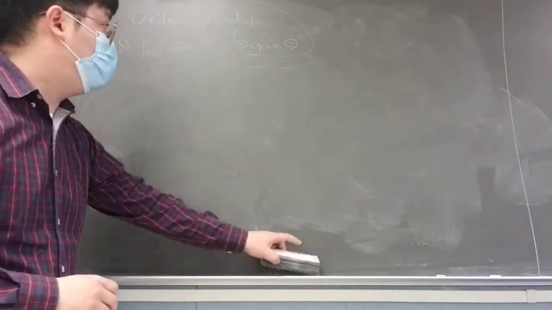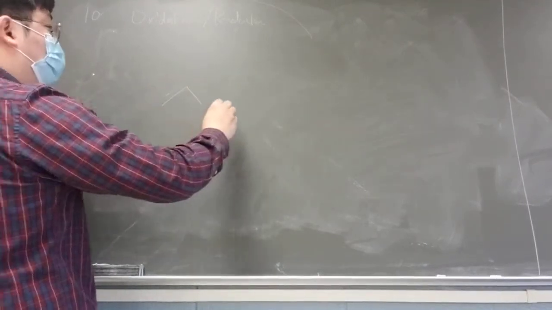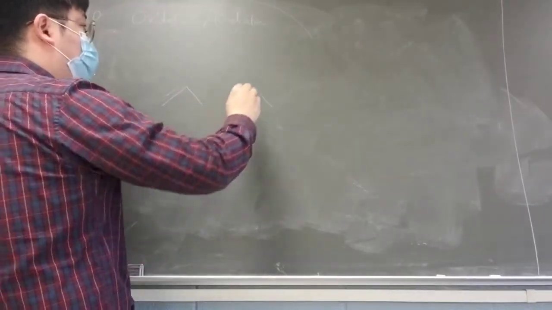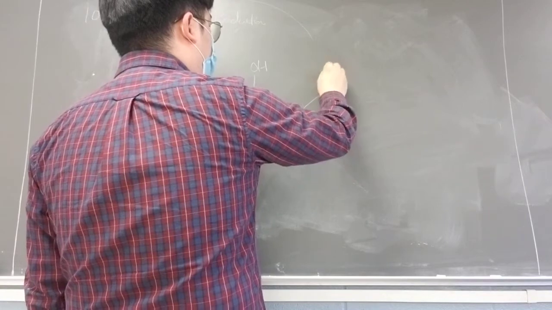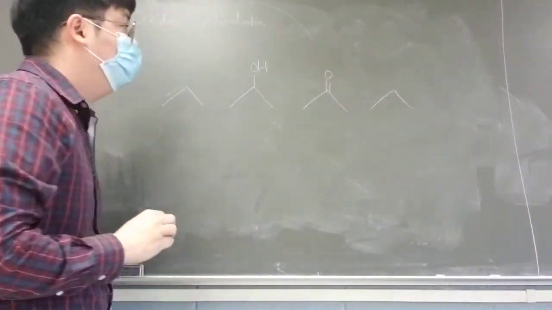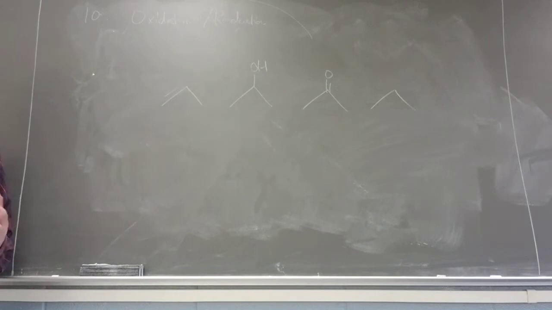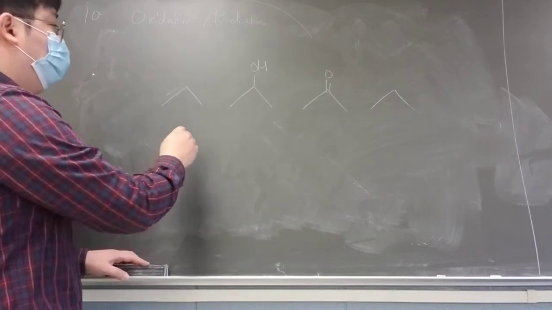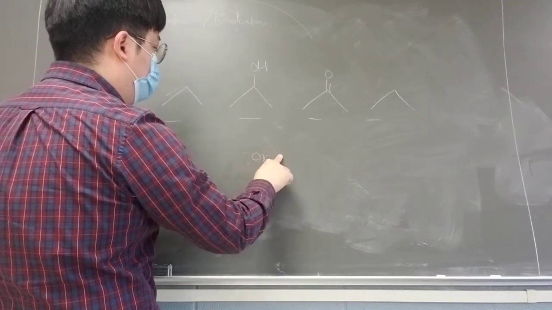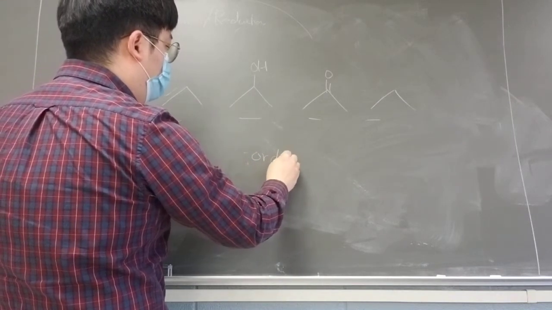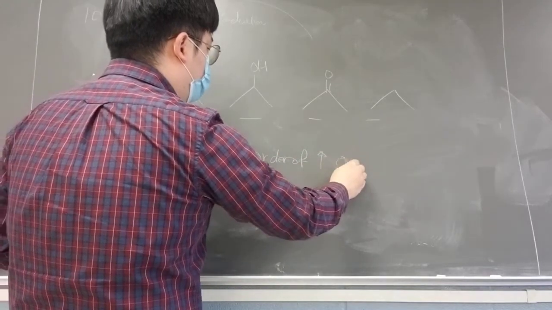Okay. So a really good example problem you may see on the exam is actually this one. If you have an alkene, an alcohol, a ketone, and an alkane over here, in a question you may see on the exam, I might ask you to order those 4 compounds in order of increasing oxidation level.